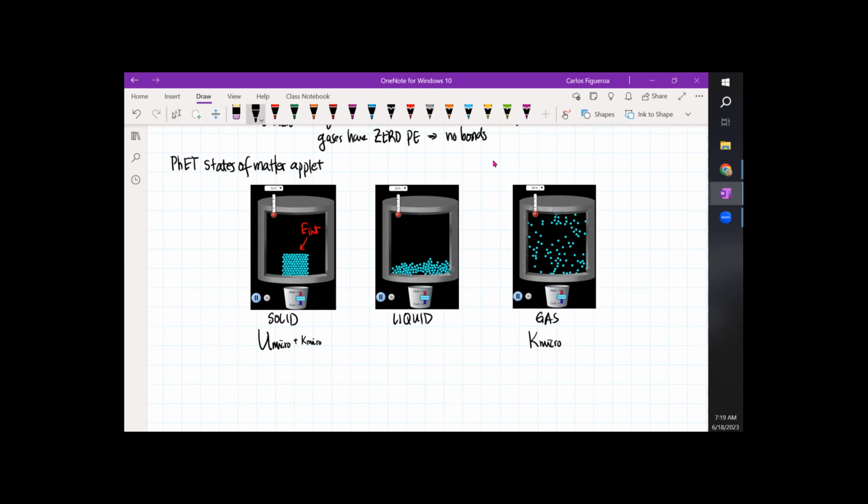It has no potential energy at all. So now, if I look at a liquid, what you're going to find here is that their micro potential energy is small, and their kinetic energy is also relatively small when you look at the internal energies. And one of the key things that you should really look at is the spacing between the solids and the liquids. Very, very little difference in the bonding distance between them.